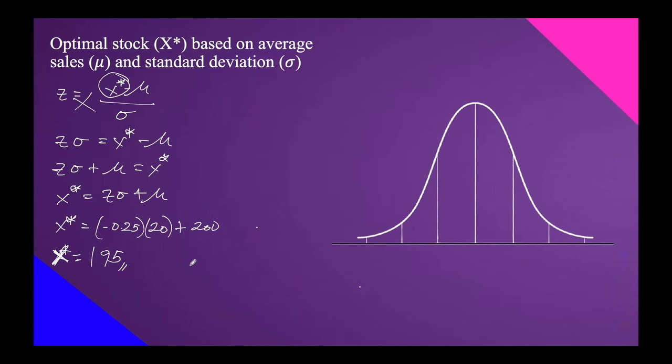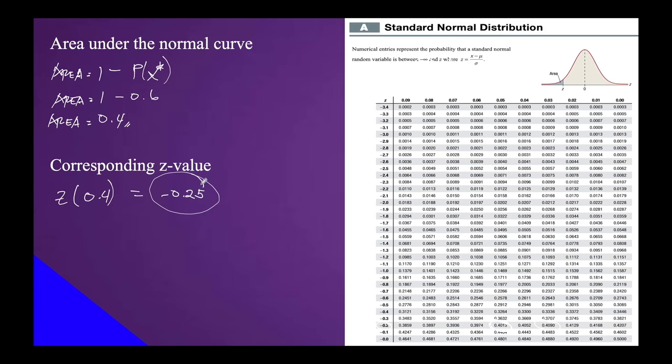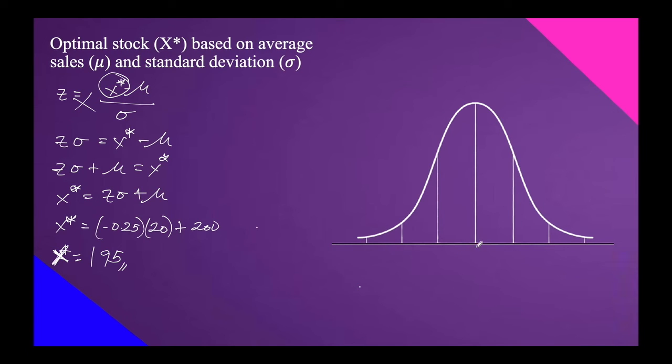Since our z-score is negative 0.25, nasaan siya dito sa curve natin? Let's have first the label. Negative 1, negative 2, negative 3. Negative 0.25, so more likely nandito, banda. Okay, so negative 0.25 na z-score natin.